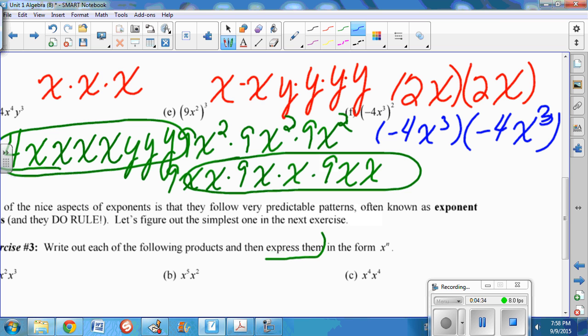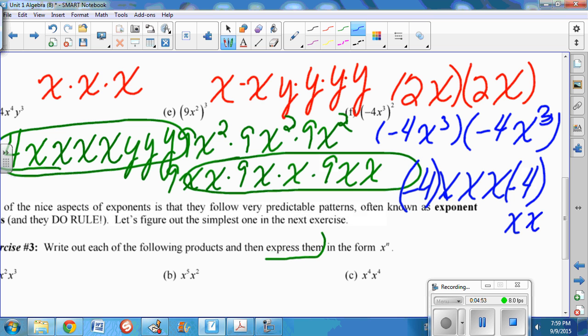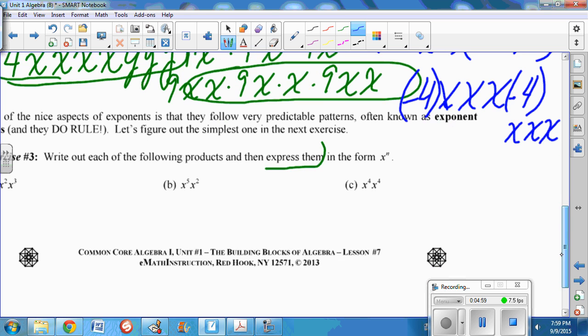So let's expand out that x to the third, negative 4x times x times x. I'm going to even put that negative 4 in parentheses. And then I have negative 4, again, x times x times x. Sorry, I had to squeeze that in there a little bit.